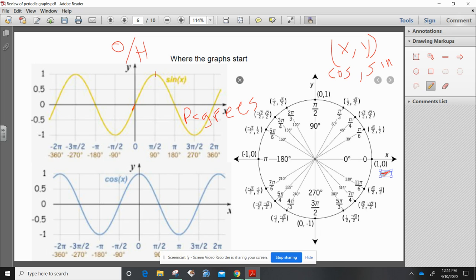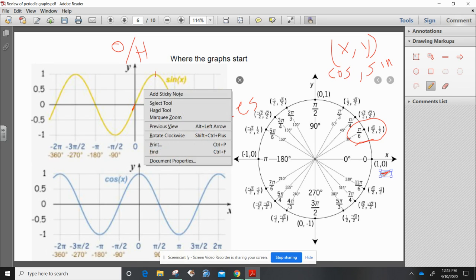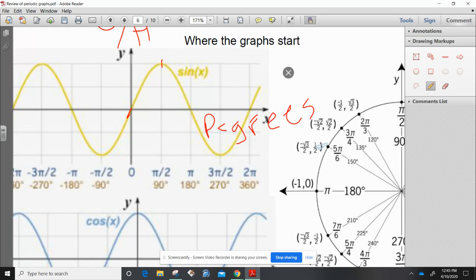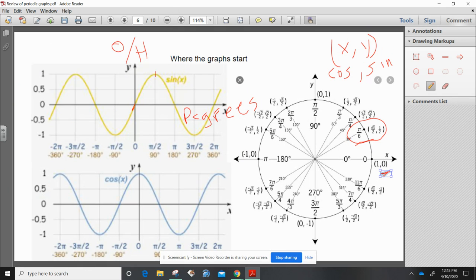And it takes on all of these values. So at 30 degrees or pi over 6, it takes on the value of a half. Okay, and so on.